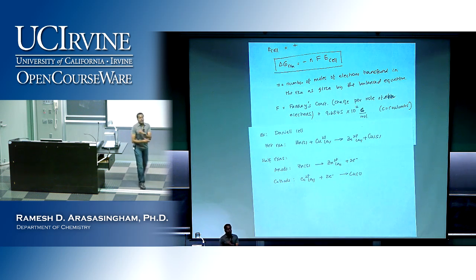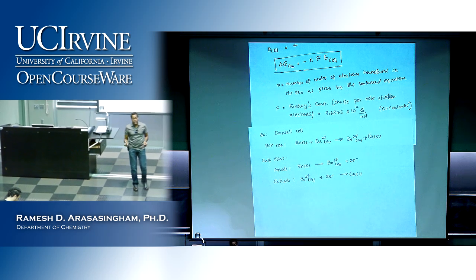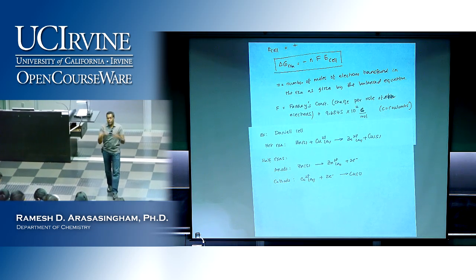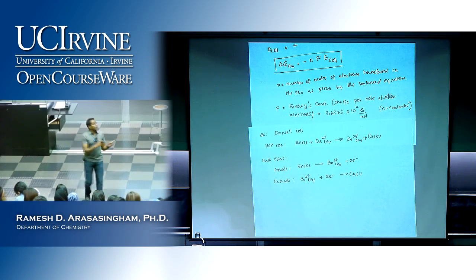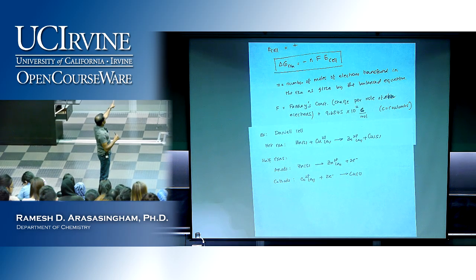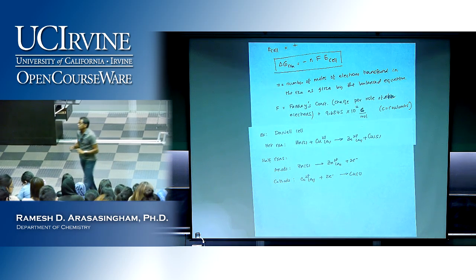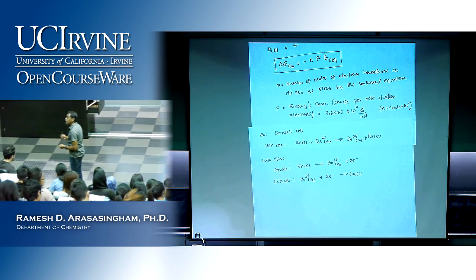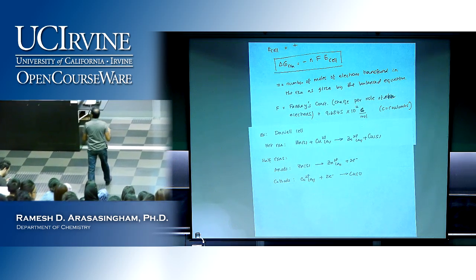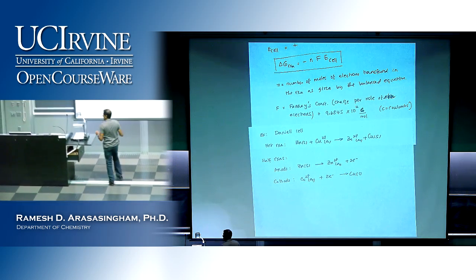So by looking at the half reactions, I know 2 moles of electrons are being transferred, because in a balanced equation, as long as 1 mole of zinc reacts to give you 1 mole of zinc 2 plus, you have 2 moles of electrons being given off. And at the cathode, 2 moles of electrons are taken up.